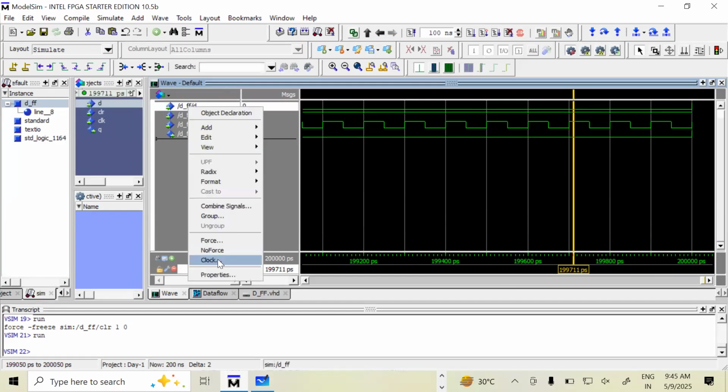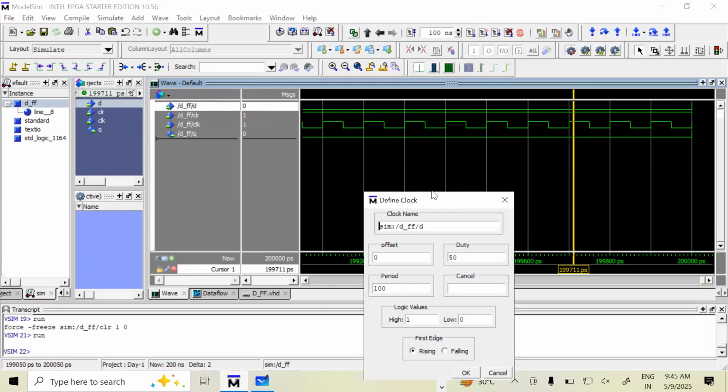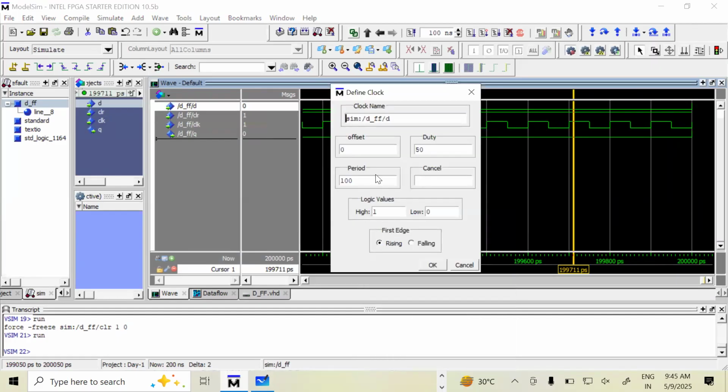Suppose the input is of clock type, let it be 100 ns.